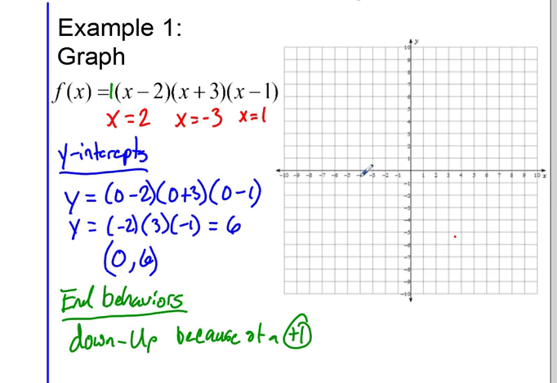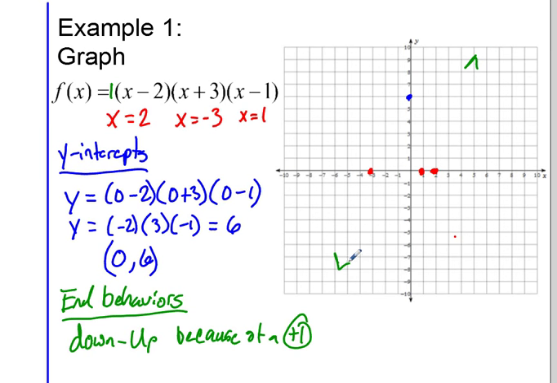So now let's start to sketch all those pieces. Our roots are plotted at -3 and +2 and +1. This is going to get kind of skinny right in there. We have a y-intercept at 0, +6. And we have a graph that's going to start down here and end up here.